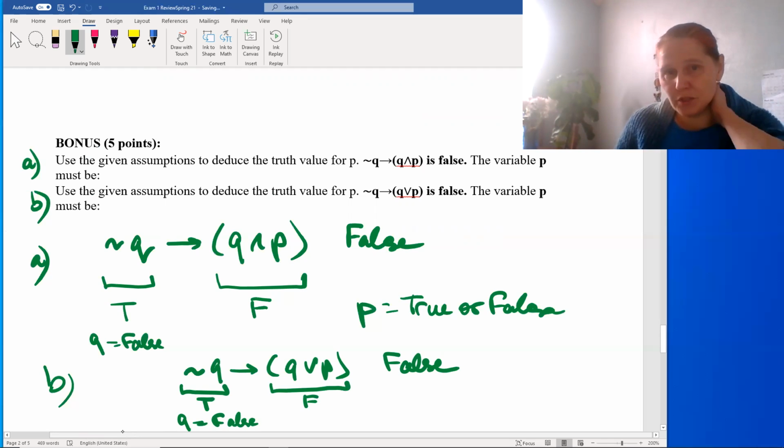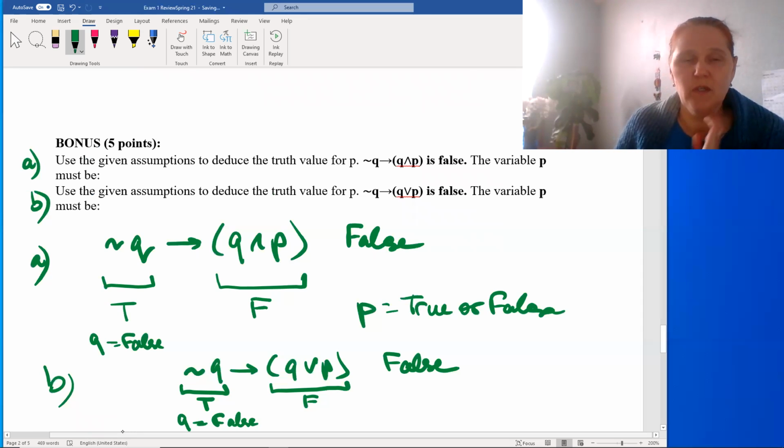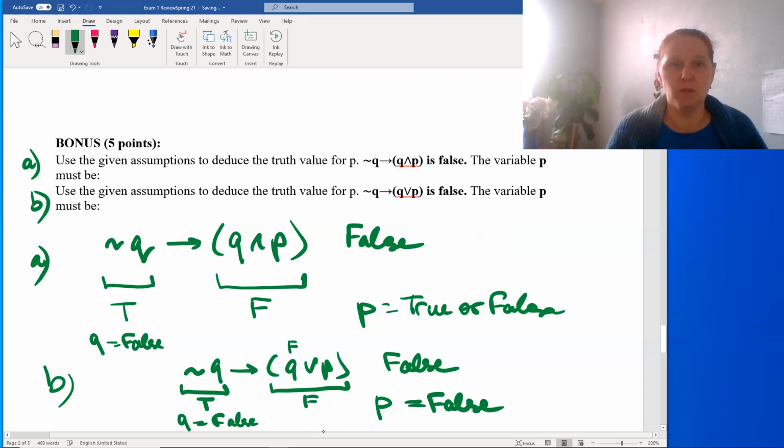The difference is that here we have or, disjunction. And you know that Q is false in this disjunction. For or to be false, both must be false. So here in this example, P must be false.